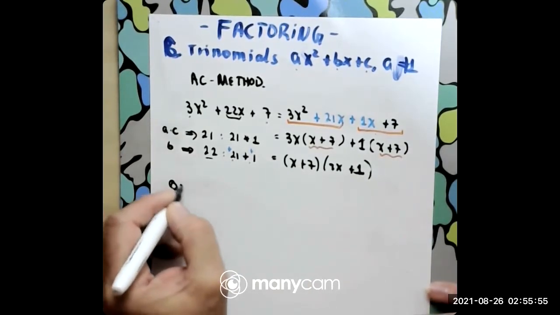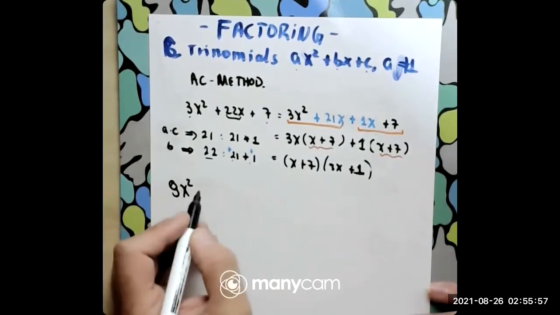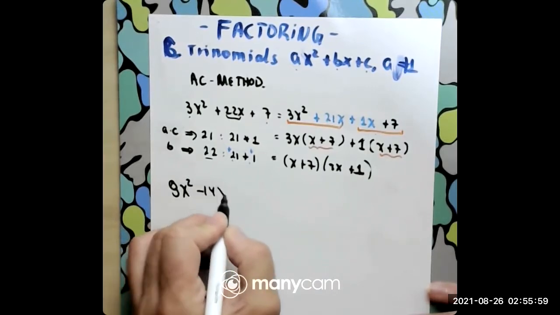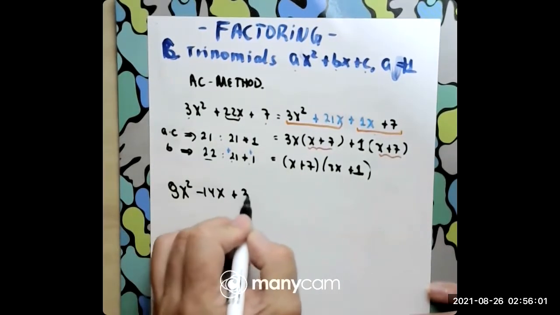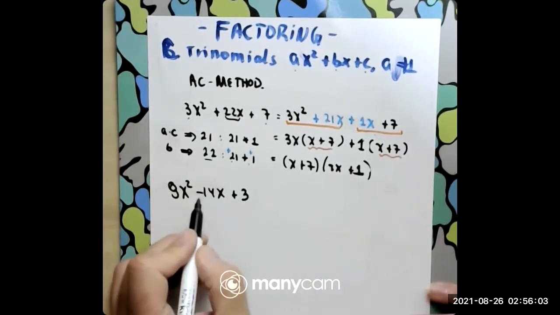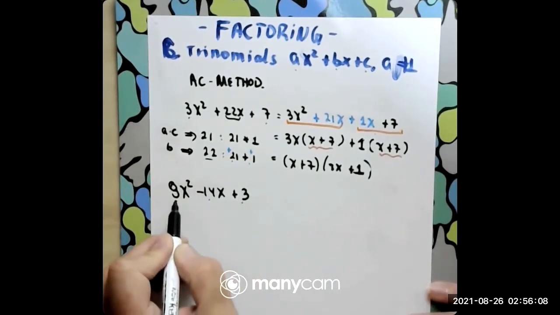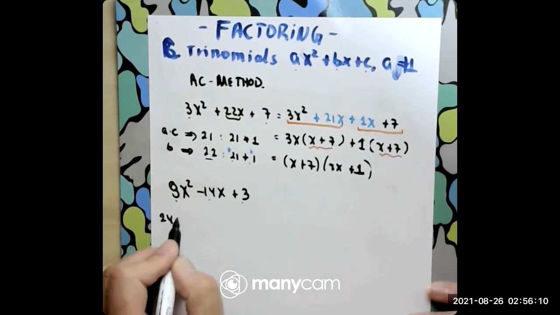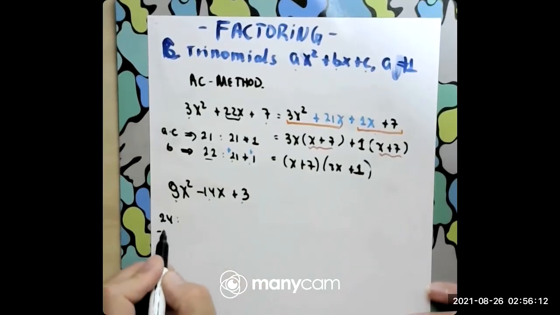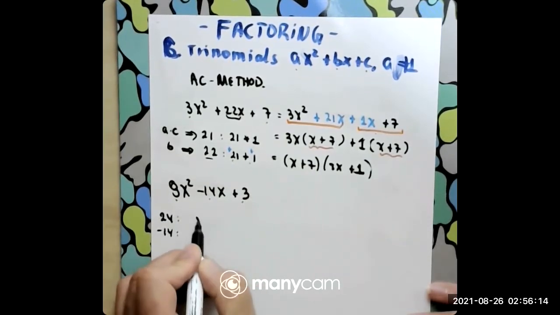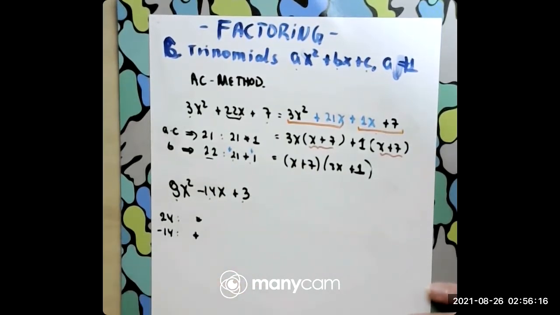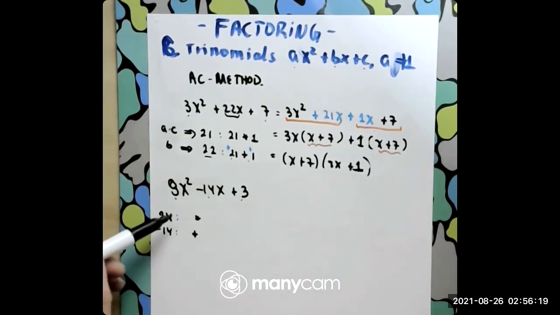I have 8x squared minus 14x plus 3. Once again, let's identify A times C, A, B, C. A times C is 24. My middle number will be negative 14. What's the magic? Two numbers that when I multiply give me 24, and when I add give me negative 14.